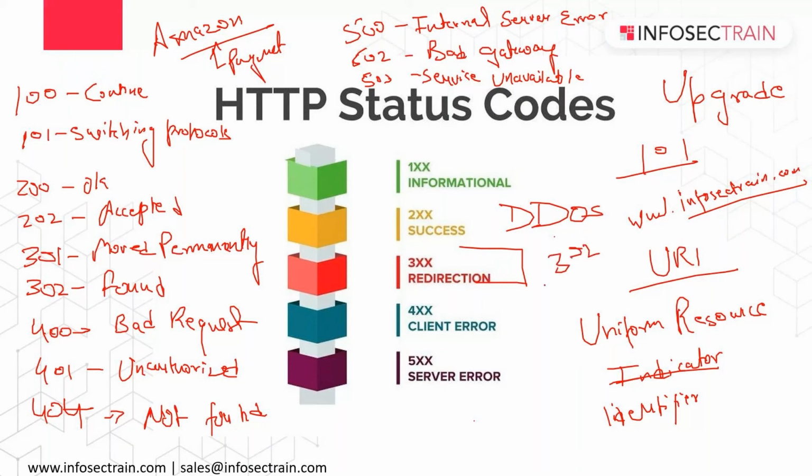So you will write infosectrain.com, but the place where it is hosted is changed. That's why it will try to find the other place where it is located, and once it is found, you will land on the website of infosectrain.com. Before that, you will get 302 as a status code that I have found the place where infosectrain is now hosted. Clear?